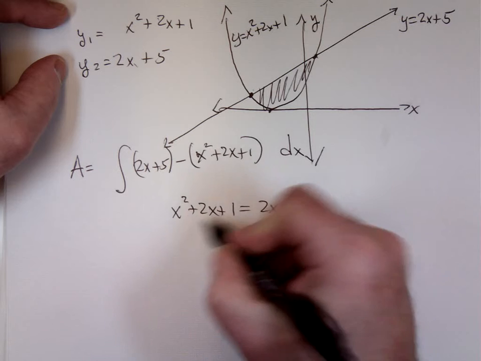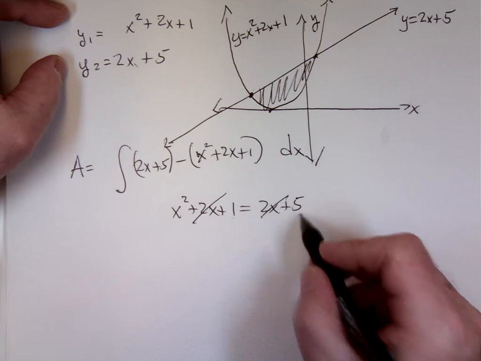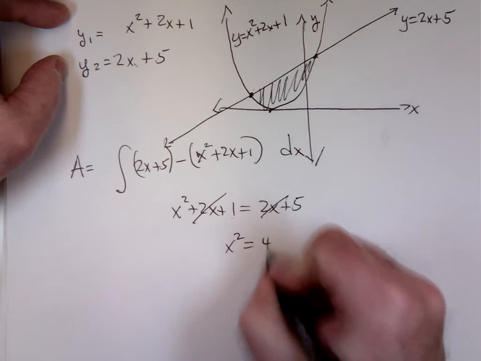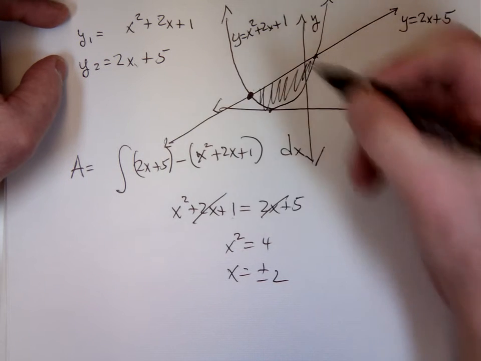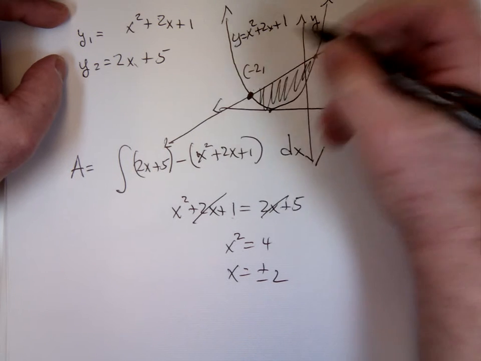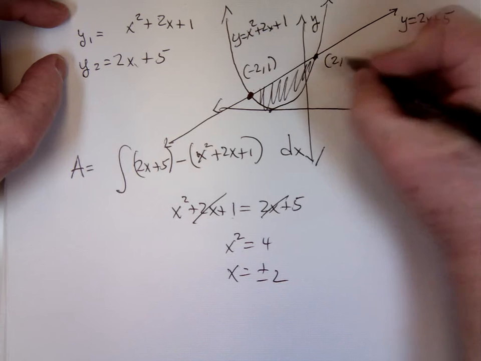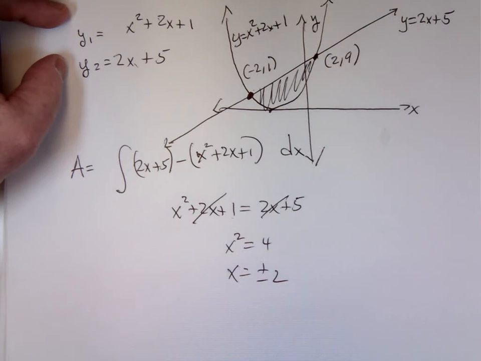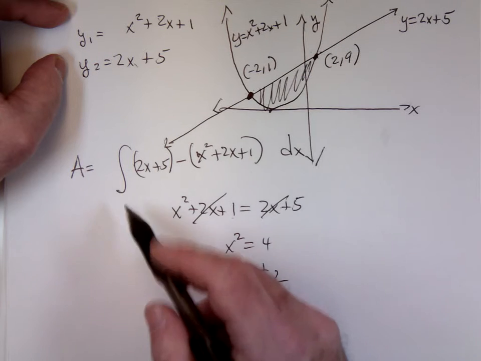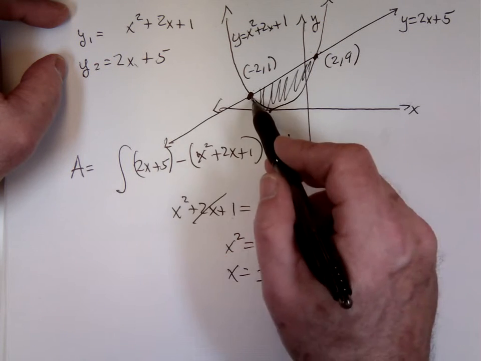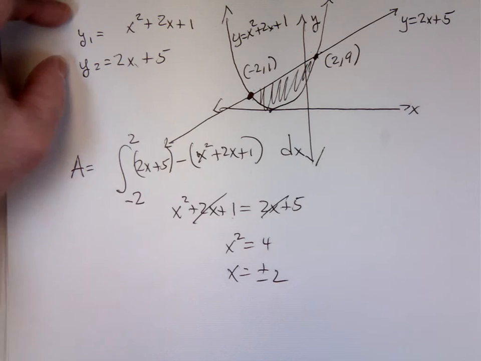Subtract the 2x's, okay? Actually, from here, you could subtract a 1 and get x is plus or minus 2. So when x is negative 2, y is 1. When x is positive 2, y is 9. So you get these two points, and the integral then goes from negative 2 to 2. So that wouldn't be too bad.